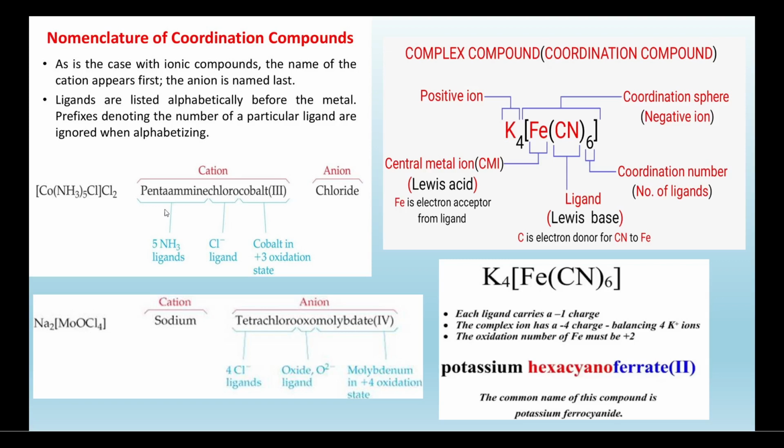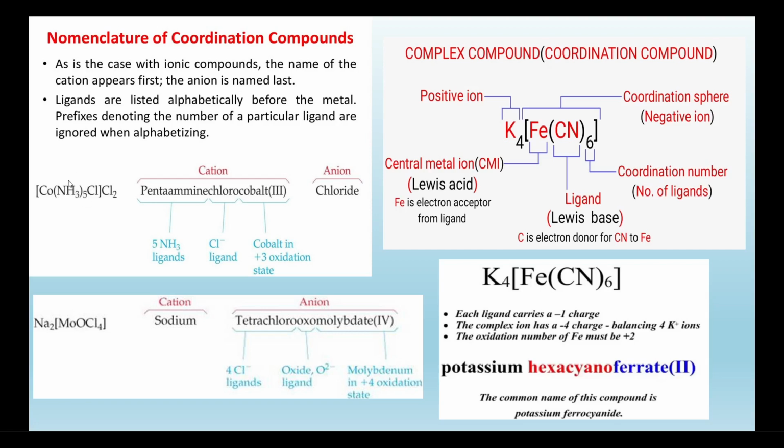Here, the first thing you are going to see is that it consists of the cation, that is the cobalt here, and the anion is nothing but chloride. The chloro is a negative ligand, which is also a ligand. There may be a neutral ligand which carries zero charge.